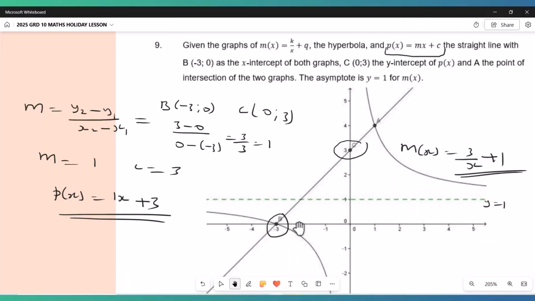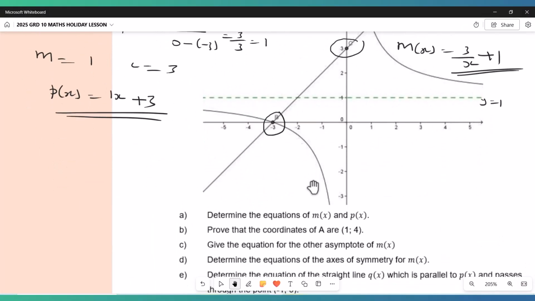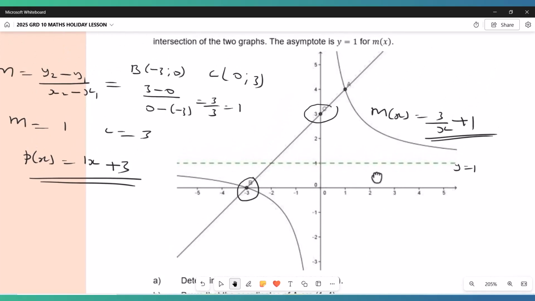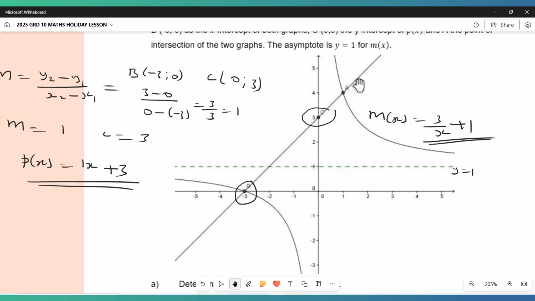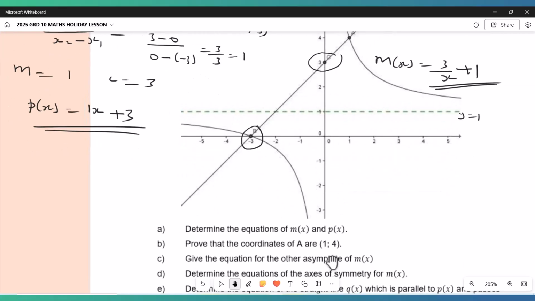Let's continue. Then here, next question, they said prove that the coordinates of A are 1, 4. Now, the coordinates of A are where the two functions meet. So we are going to use either the hyperbola or the line to see whether when we put in the x value, we get 4. Oh, all right, prove that the coordinates of A are 1, 4. So I must equate the two functions actually.